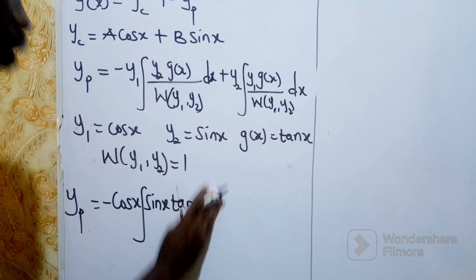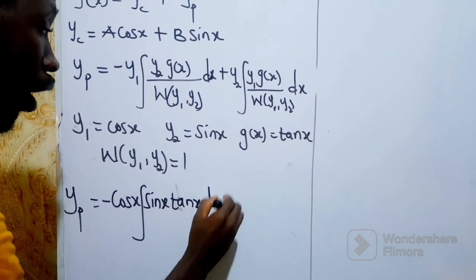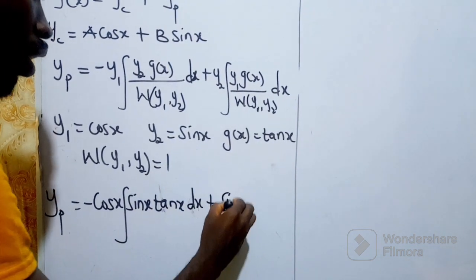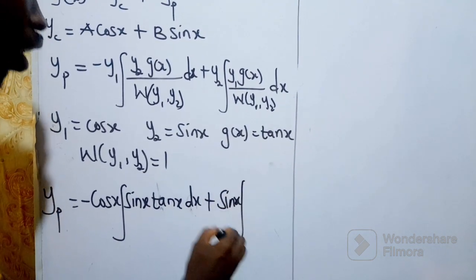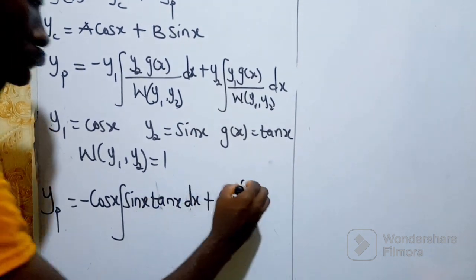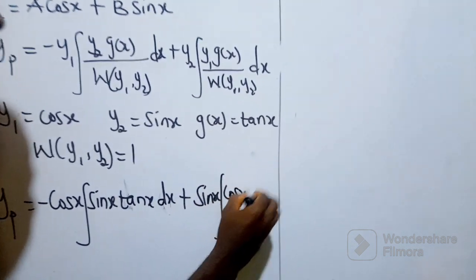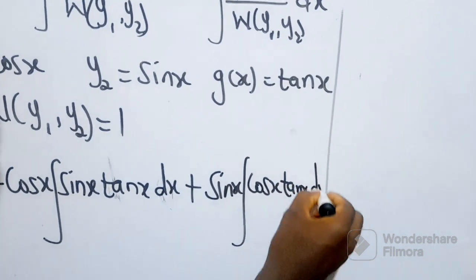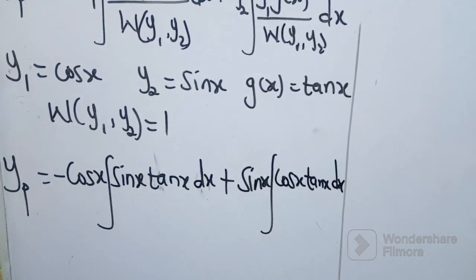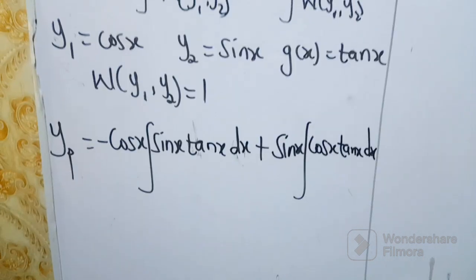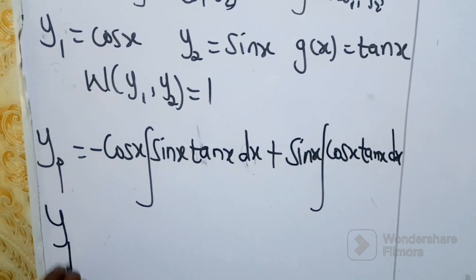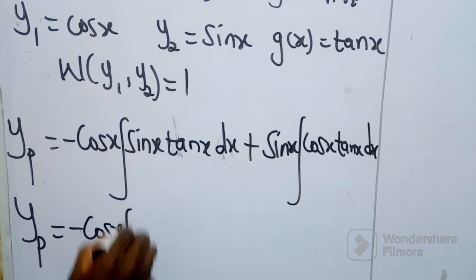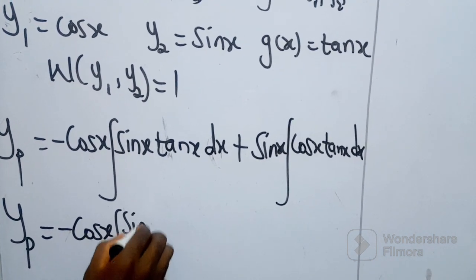Then plus, so dx, then plus y2, which is sine x, integral of y1, which is cos x, then tan x, which is g of x dx, divided by the Wronskian, which is 1, and it will not have any effect. So you can say our yp will be equal to negative cos x, integral of sine x.